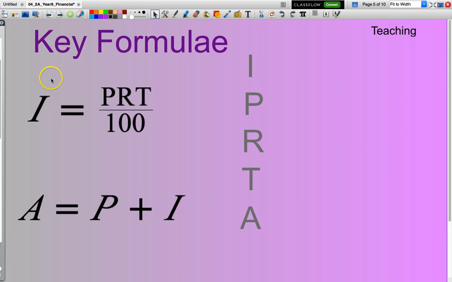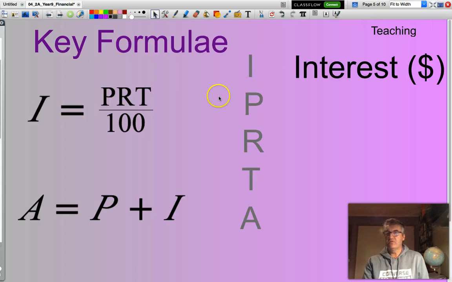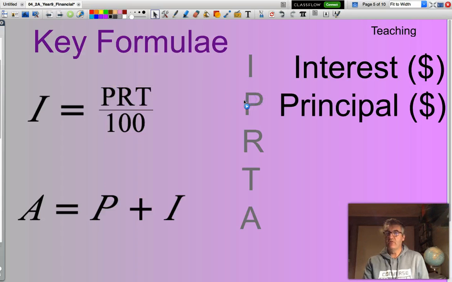The key formula you need to be aware of when working with simple interest: I, the interest, which is the amount of money in dollars, equals P R T over 100. The P is the principal, how much money I invested in the bank.